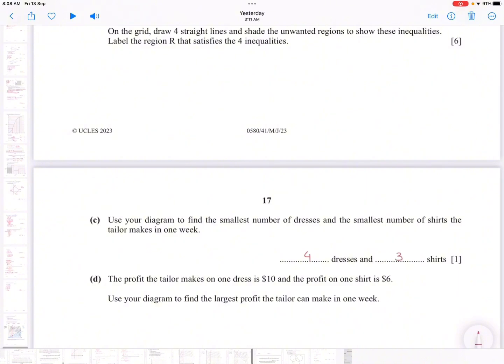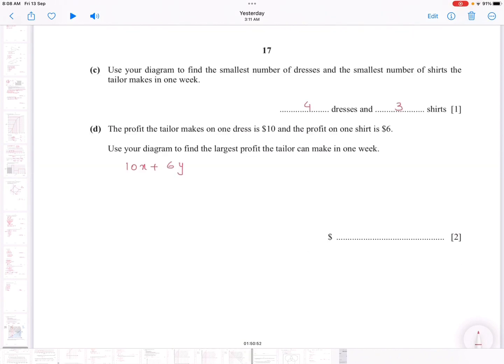The profit the tailor makes on 1 dress is $10 and the profit on 1 shirt is $6. Use your diagram to find the largest profit the tailor can make in 1 week. So again, go to the required region. Before that, you can write 10x plus 6y, because he gave us the prices of shirts and dresses.